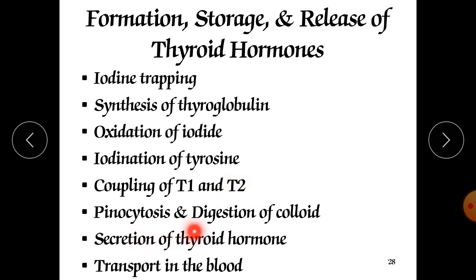Next is pinocytosis and digestion of colloid. Droplets of colloid re-enter follicular cells by pinocytosis, means entry, and merge with lysosomes. Lysosomes, as you know, contain digestive enzymes. They merge with the follicular cells and digest.